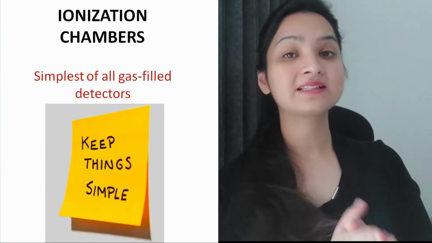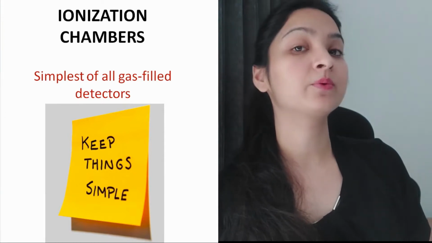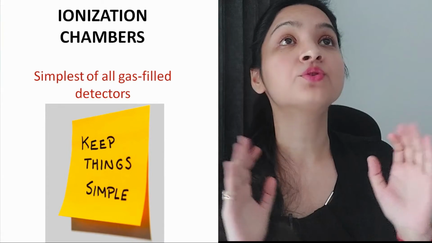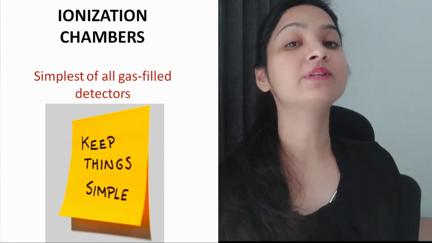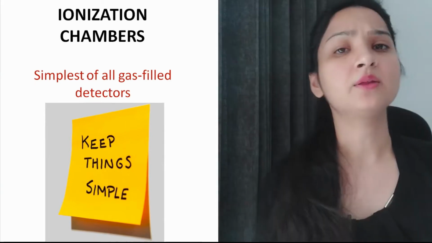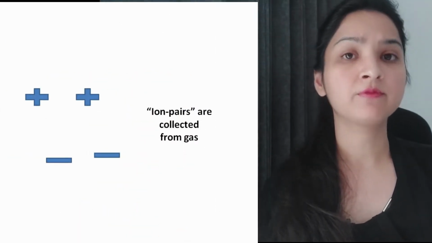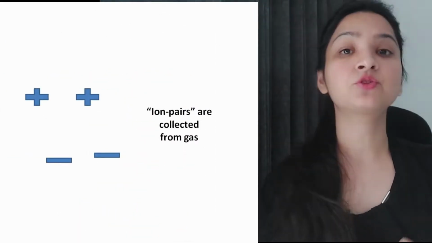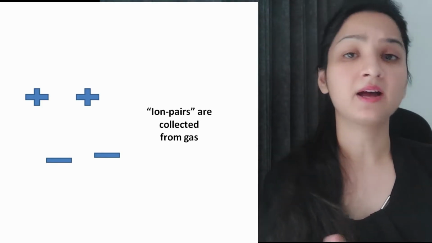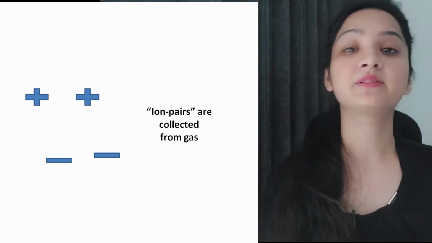Let's keep the things simple. So this ionization chamber is the simplest of the gas-filled detectors. If you want to talk about the simplest of the gas-filled detectors, it's the ionization chamber. Now that you have ion pairs which are formed as a result of ionization of the neutral atoms or gas molecules, the next job is to collect these ion pairs, and how will you do that?